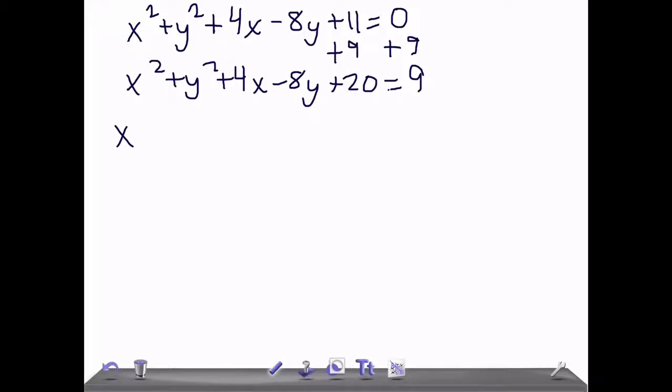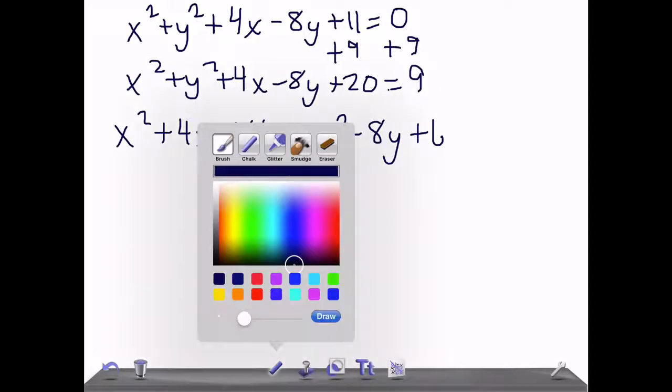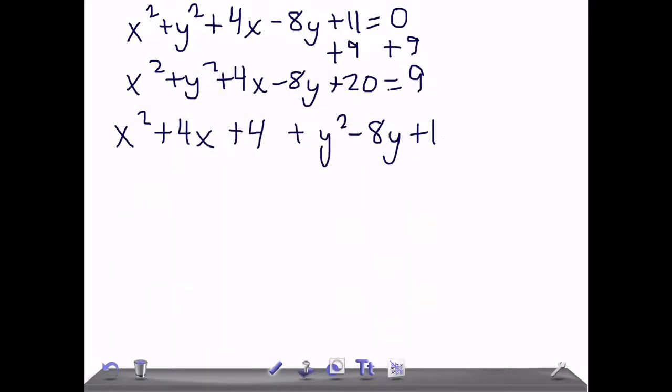I bring the x squared and the 4x over here, and then I need that other 4 tiles to complete the square, plus the y squared minus 8y plus the 16 tiles to complete that square. Basically I just rearranged some of these numbers and split this 20 into 4 plus 16. So I haven't changed the equation at all, I just rearranged it.